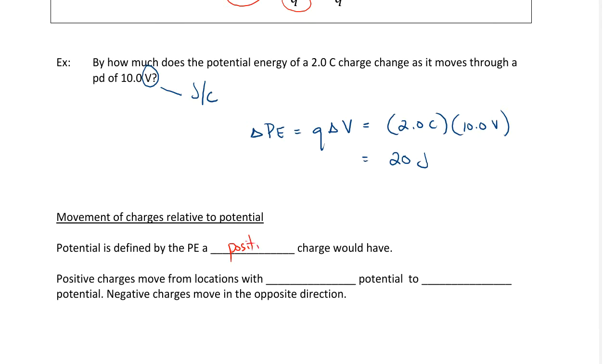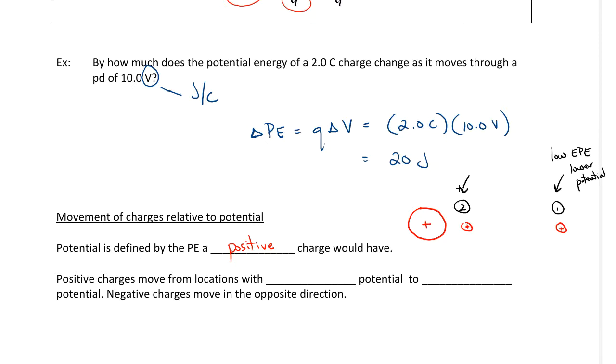Now, potential is defined by the potential energy of a positive charge. So a positive charge, let's take a large positive charge here and move a smaller positive charge closer and closer to it. So this I'll call situation 1 over here and situation 2 over here. Situation 1 has a lower electric potential energy and therefore a lower potential energy per charge, or lower potential.